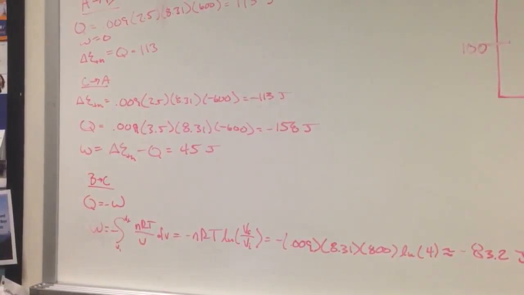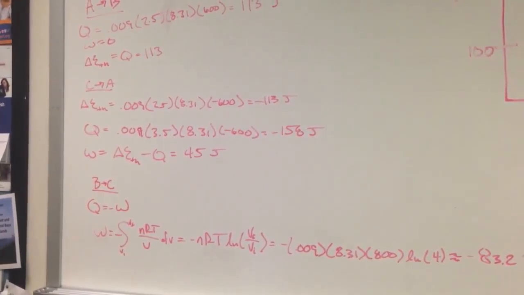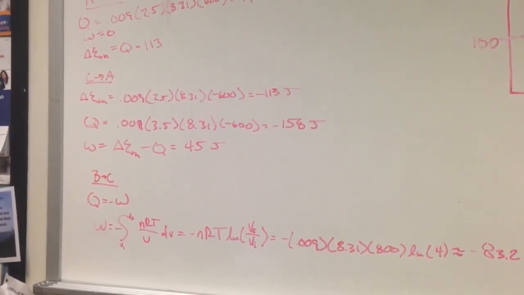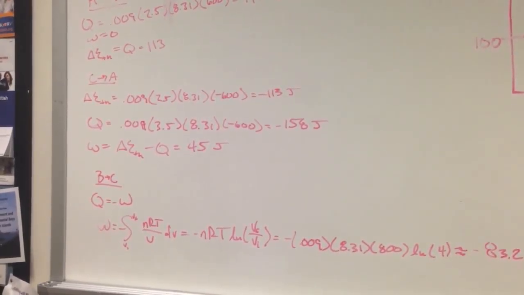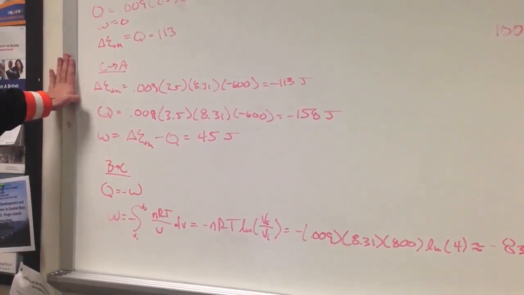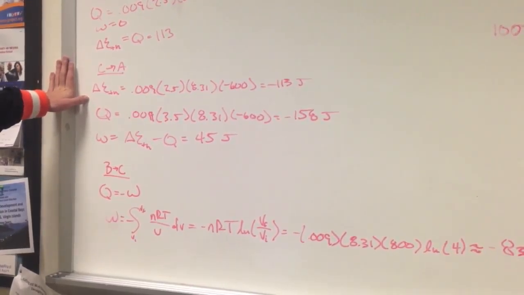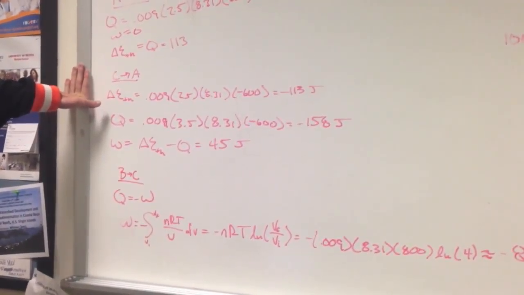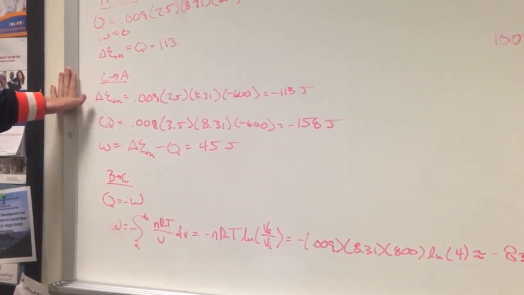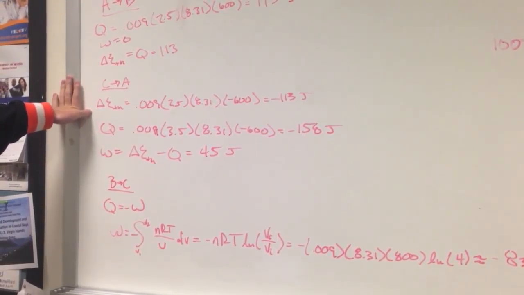We know that at point C, the initial temperature is 800 degrees Kelvin because it just went through an isothermal expansion. And so the change in temperature would be -600 from C to A. So it's 0.009 moles times 2.5 times 8.31 times negative 600, which gives you negative 113 joules as the total change in thermal energy for the process C to A.